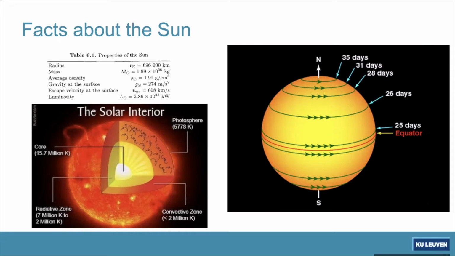As you can see, as you go from the center to the outside, the temperature decreases from 15.7 million degrees in the center to 7 to 2 in the radiative zone, up to the surface, which is at about 5,778 Kelvin, which is hot, of course, but there are many activities on Earth that are hotter than that. So the surface of the sun is fairly cold, in a stretch of imagination.